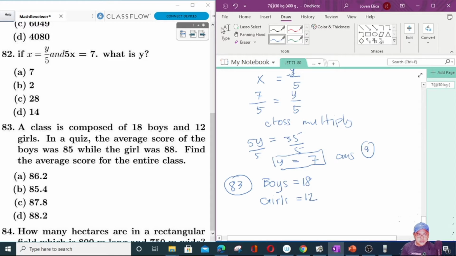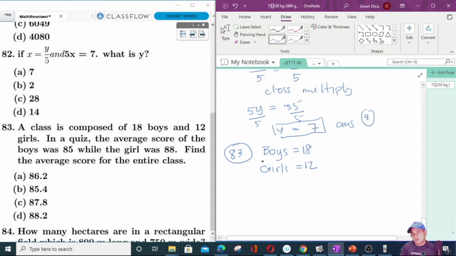The average score of the boys is 85. Is it 85%? No, 85. Let's verify. Yeah, 85.